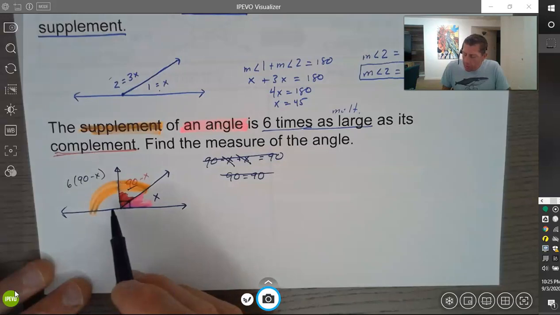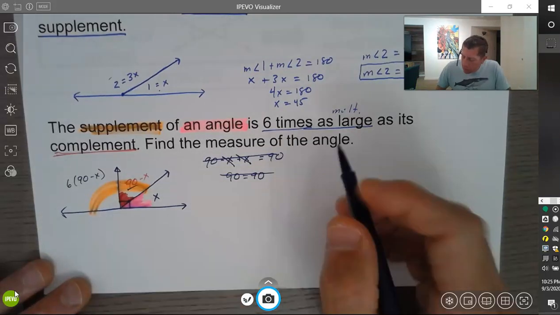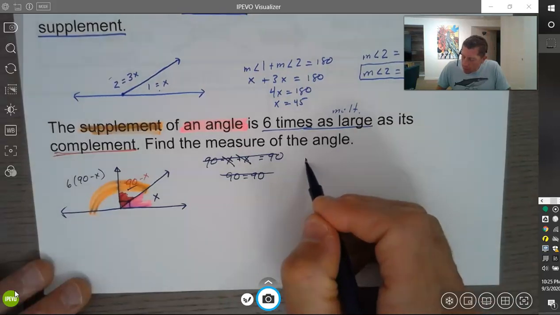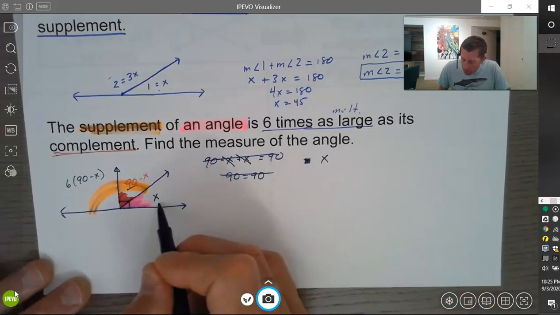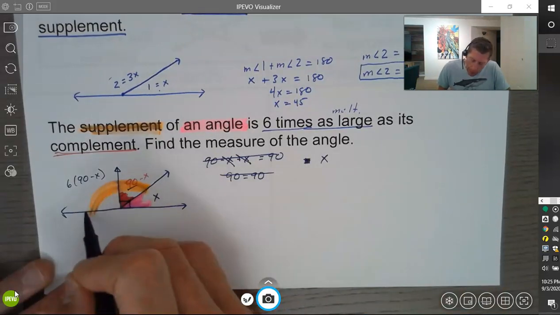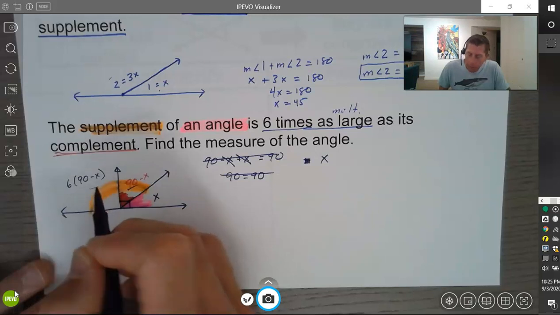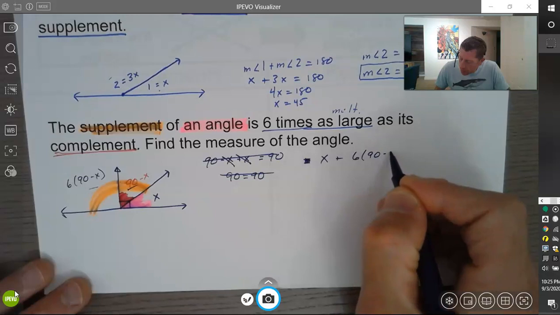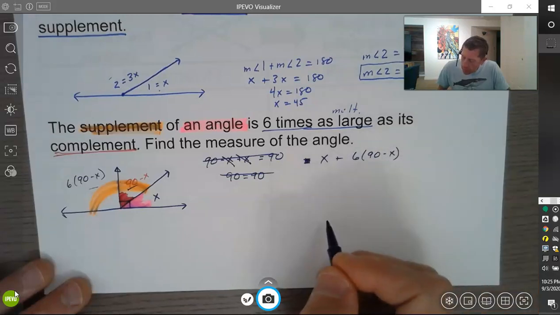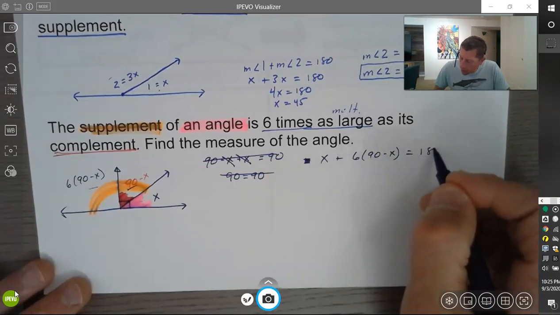So let's try the supplement and see what happens. Well, we have supplementary angles. So we have the measure, we have x, which is this one right here, plus the supplement, which is this one right here. So we add to that 6 times 90 minus x. And that's going to equal 180.